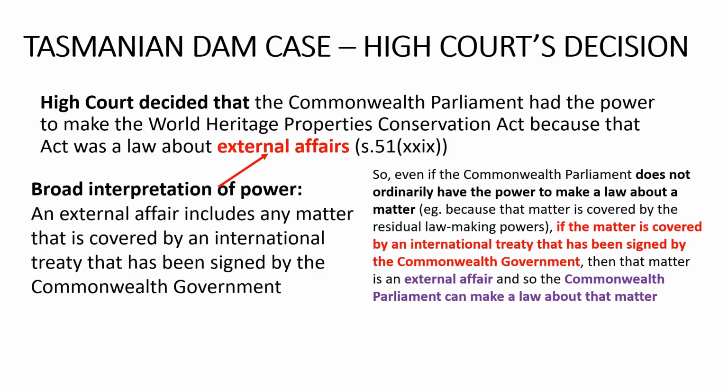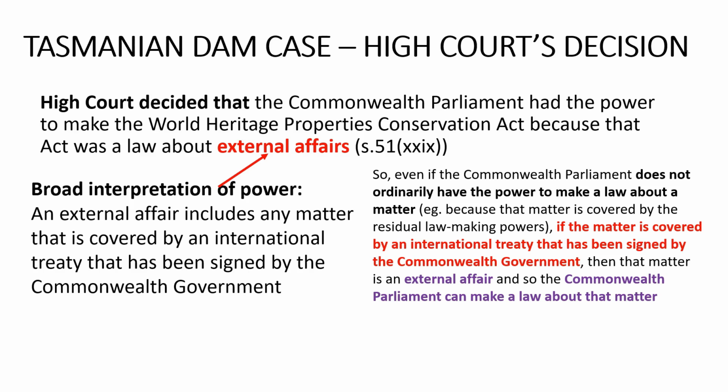Because the Commonwealth Act, the World Heritage Properties Conservation Act, was valid, we now had a situation where a Commonwealth Act prohibited the construction of a dam on the Franklin River, but a state act, the Gordon River Hydroelectric Power Development Act, authorised the construction of a dam on the Franklin River. These acts are clearly inconsistent with each other.